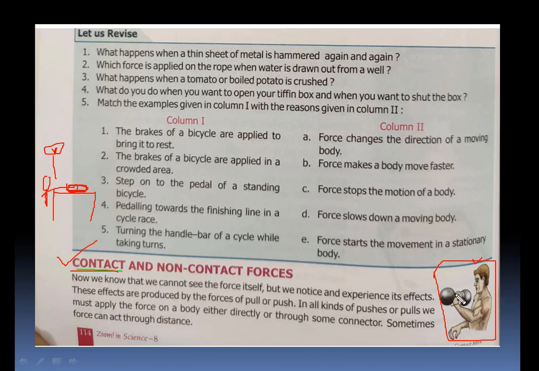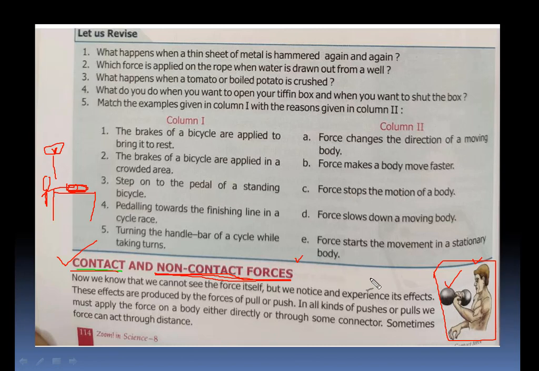So this boy is holding the dumbbell and applying a force to the dumbbell. So as this boy is holding the dumbbell and applying some force, this force is known as contact force. Okay. On the other hand, when there is no physical contact between two bodies and still force is applied, it is known as non-contact force.